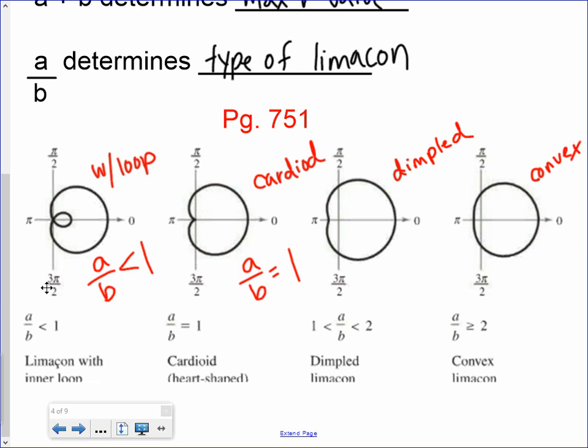So when you have the same, you're going to get the heart. Dimpled is when you have A over B, it's more than 1, so it's not cardioid, but it's not yet 2. So it's somewhere in between those two numbers, but not equal to either one. Okay, that's dimpled. And if A over B is greater than or equal to 2, then you get that convex shape that just looks flat on one side.